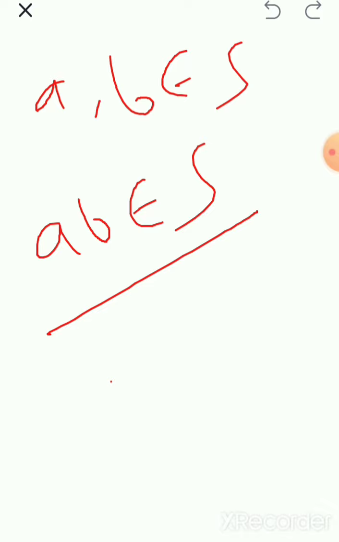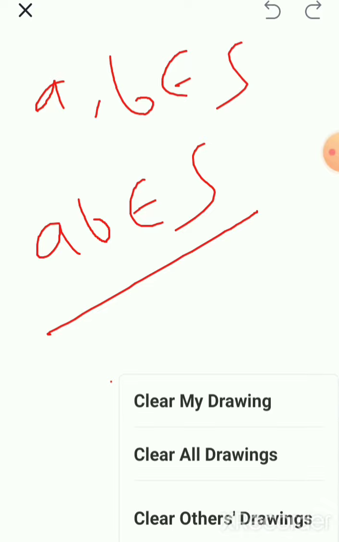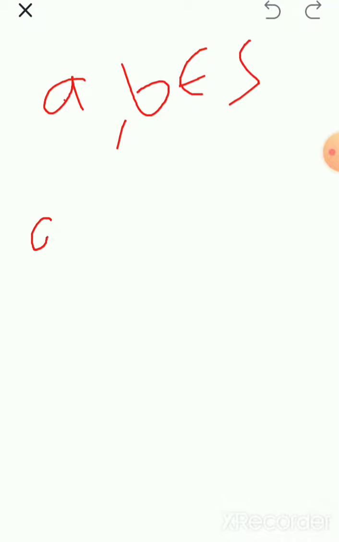Next, property number 7. What is the property number 7? Multiplication is commutative. That is, choose any two elements A, B from S and see whether AB equals BA or not.